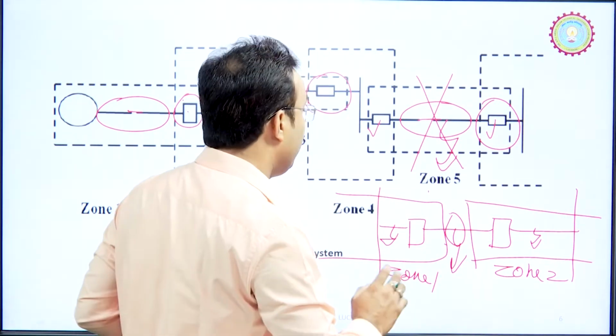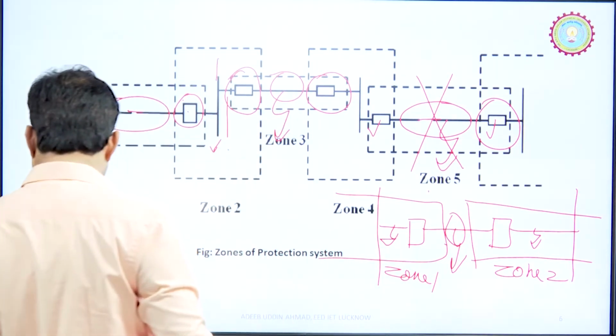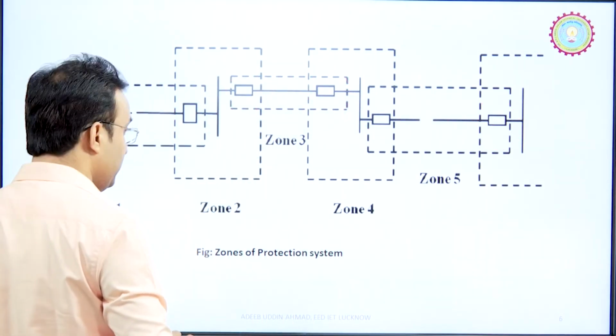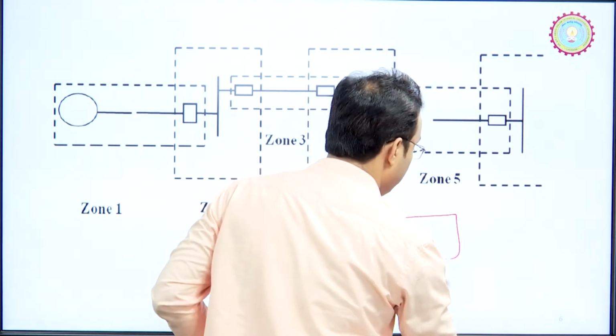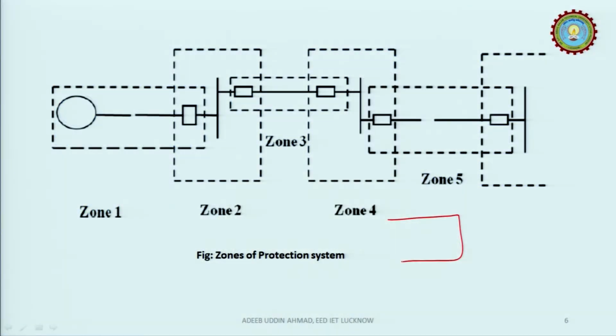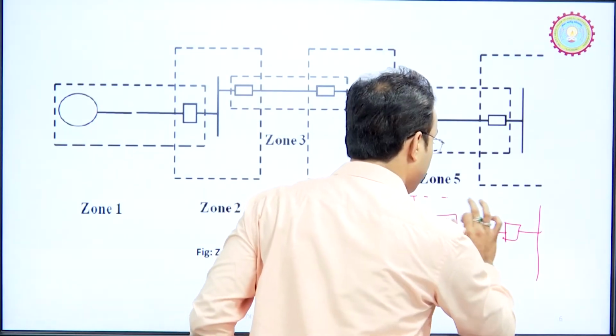So, that is what we have done. Suppose the same as before. What have we done? We have created this zone 1 and also this zone 2.